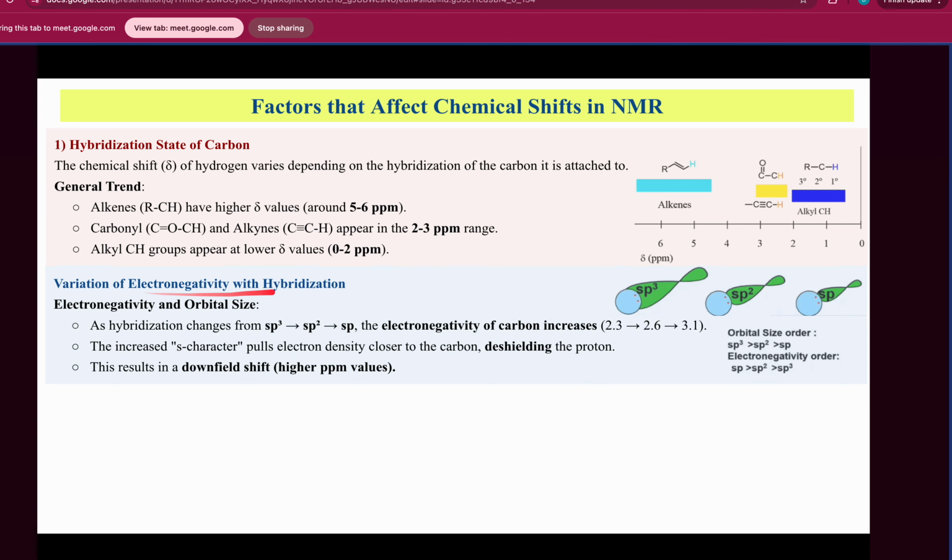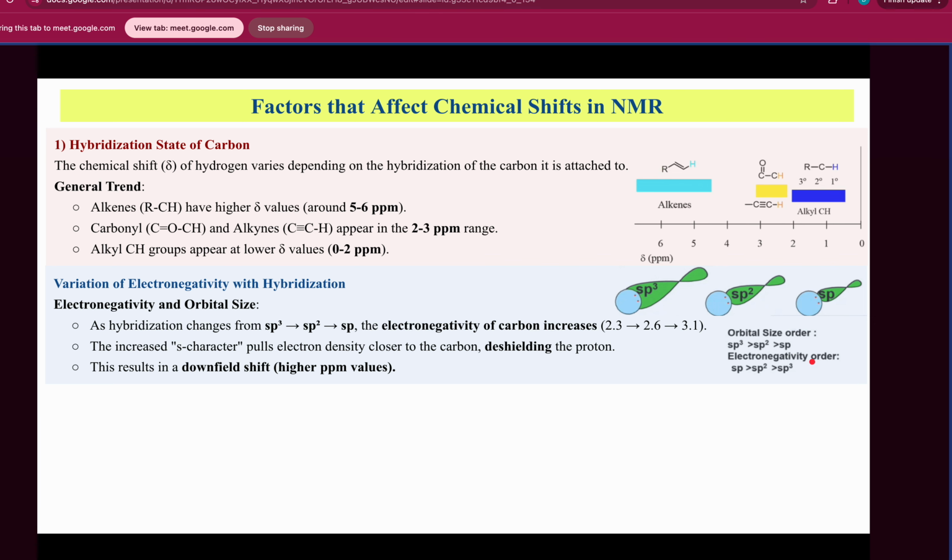And then comes variation of electronegativity with hybridization. Electronegativity and hybridization also play an important role. If we move from sp3 to sp, the electronegativity of carbon is increasing. If we talk about orbital size, it is high in sp3, then sp2, then sp.